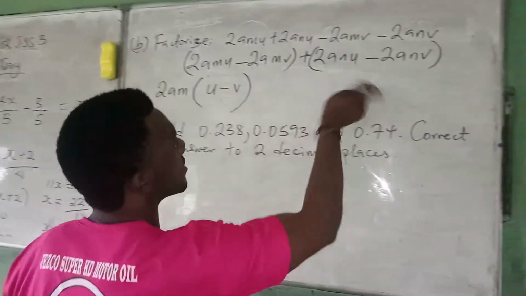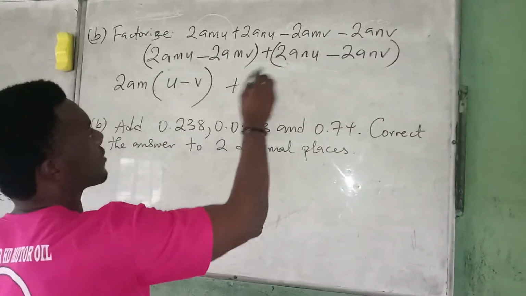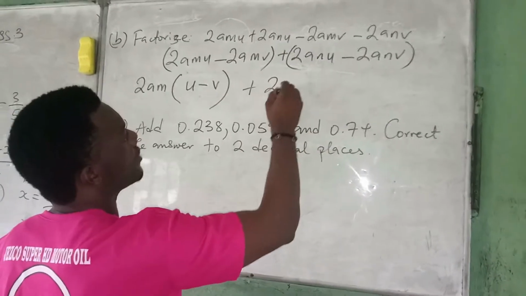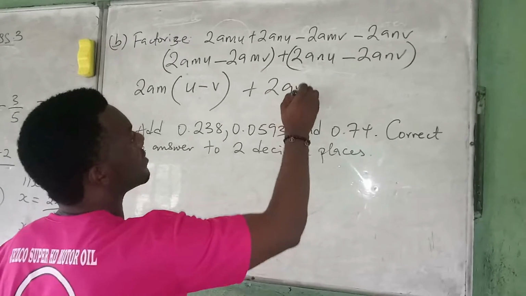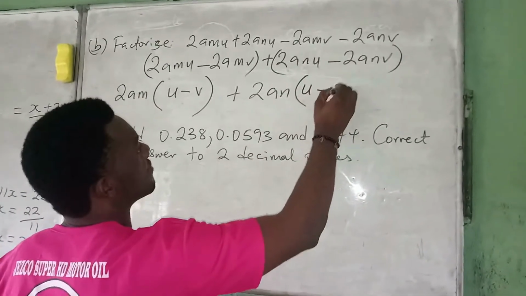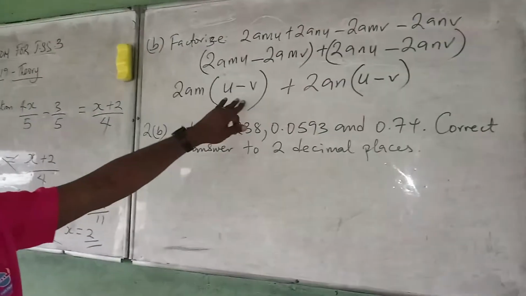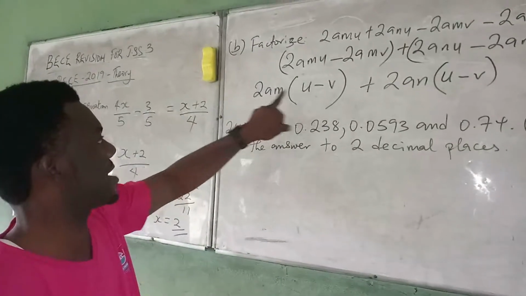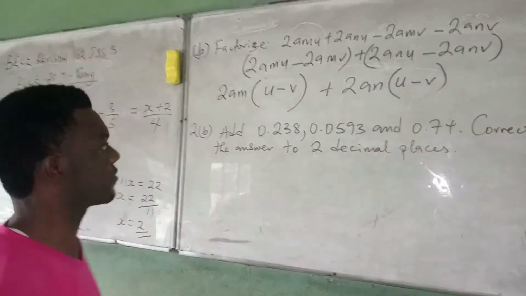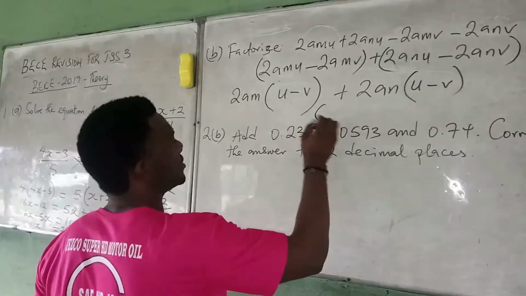Then here now, what are the factors? Plus the factors here, we have 2an. We have 2an remaining, u minus v. So if you see, we have the same thing, 2am bracket u minus v plus 2an bracket u minus v. So all you need to do is put this one in bracket.